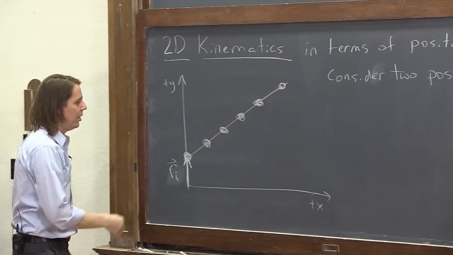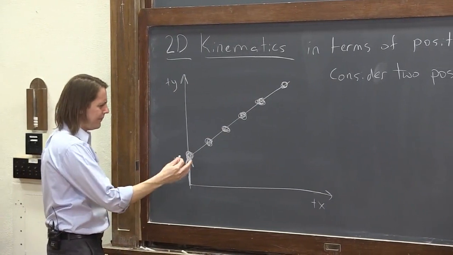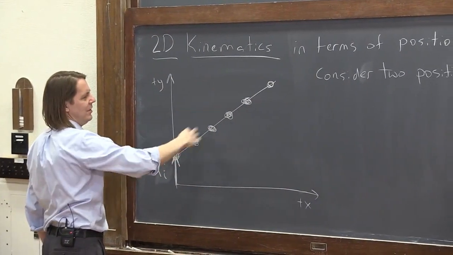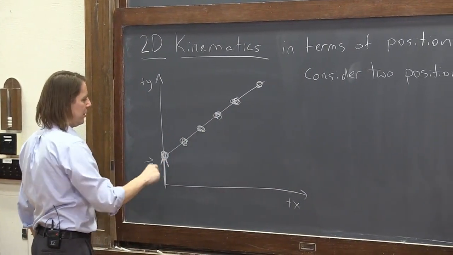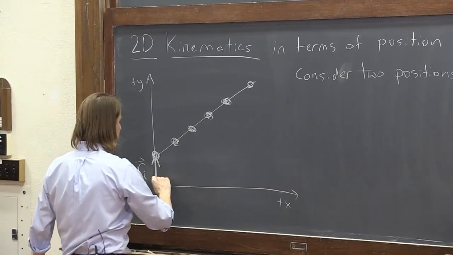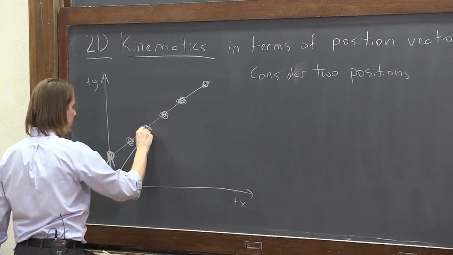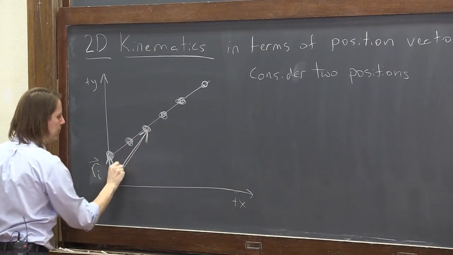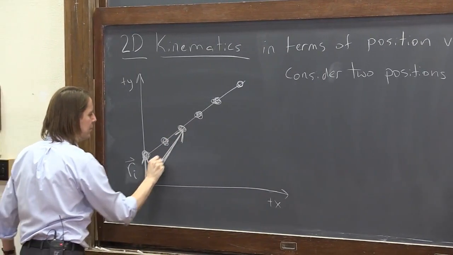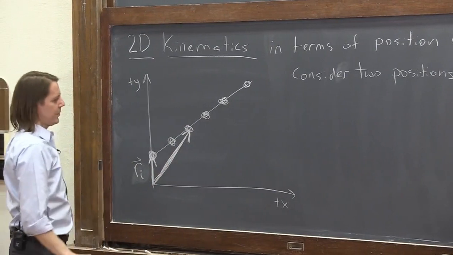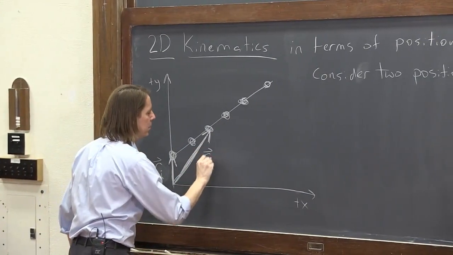R initial, R final. So for our final, really it can be any of these. Let's just pick another point along the motion. Let's say here. So now I'm going to draw there's our final. I'm drawing them nice and heavy so you can see them. That's our final.